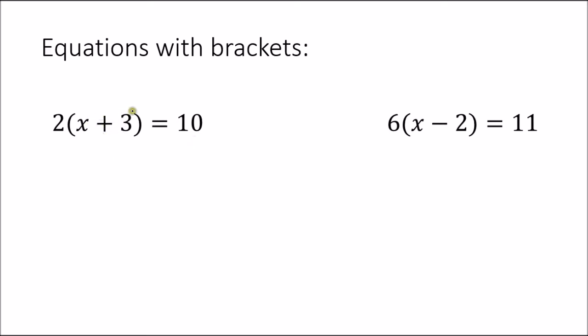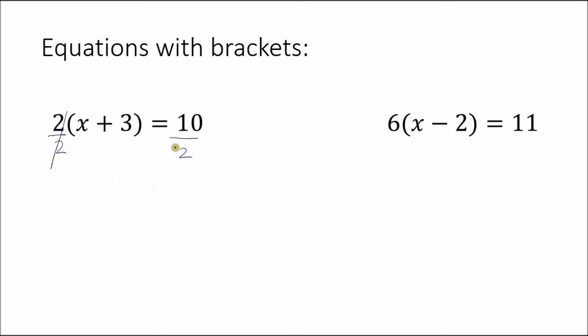Now, if we're looking at this first example here, this is a very typical example where our reverse order of operations, so doing the multiplication before we think about the brackets, would work. So in this case, I've got everything in the brackets being multiplied by 2, so the opposite operation would be to divide both sides by 2.